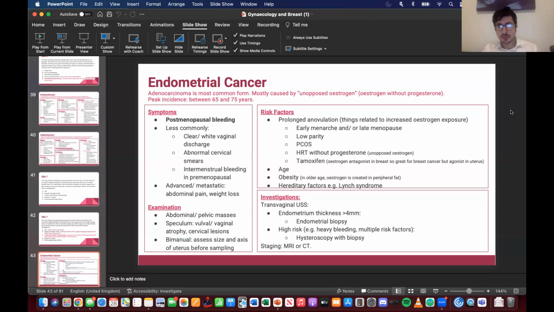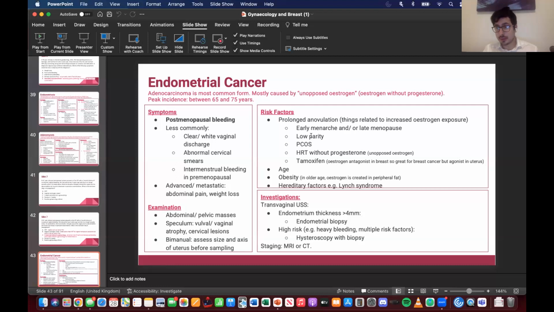What are some risk factors? So the risk factors are actually related to having extended periods of time where you have not ovulated. So this can include low parity, so not having had as many pregnancies, and that would have increased your overall estrogen exposure.